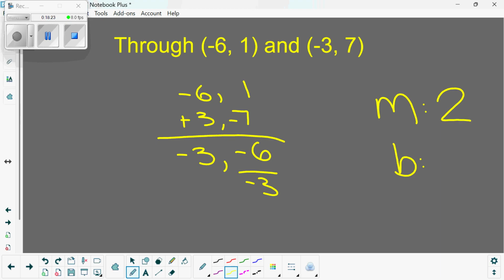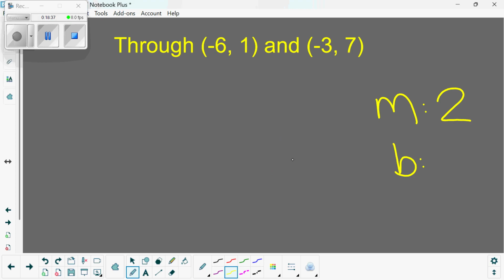Okay. Here's why we've got to be careful, because if you make a mistake on this first step, you are cooked. So now we're going to use one of these points for X and Y. Guys, hold on a second. I don't care which point you use, XY or XY.